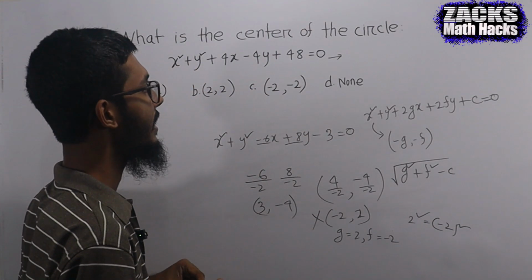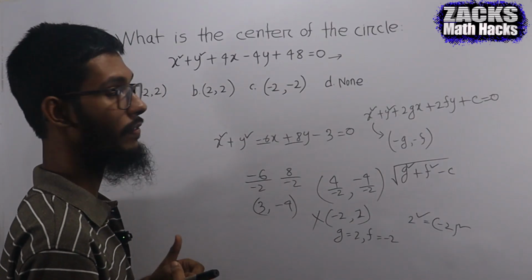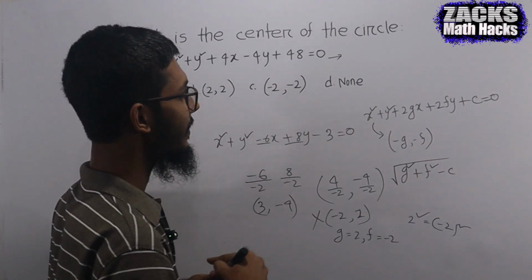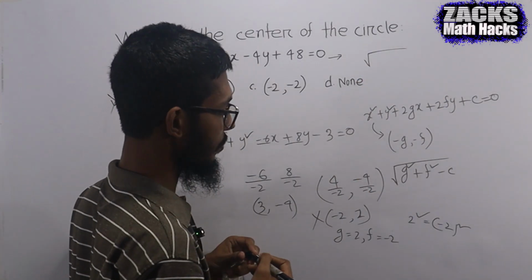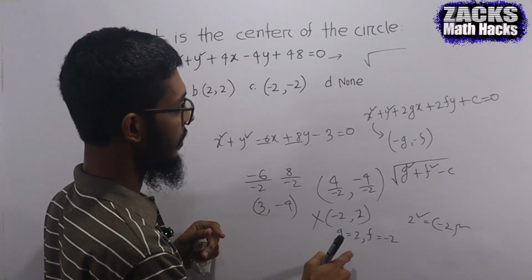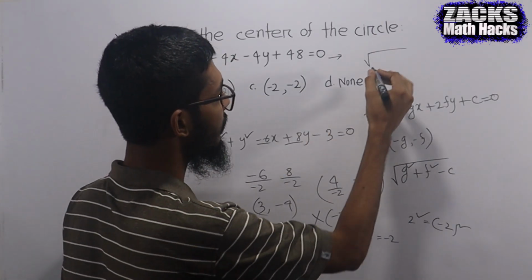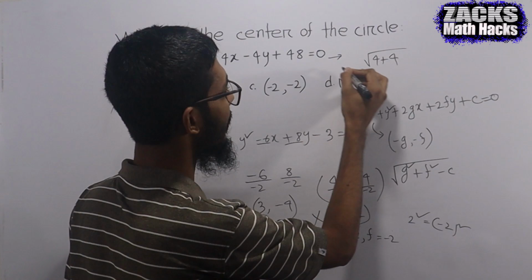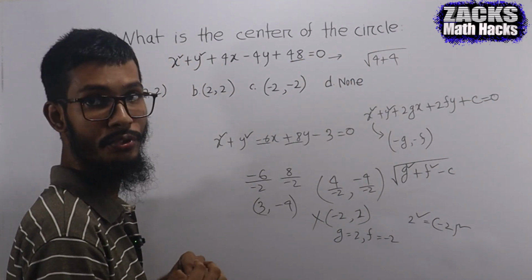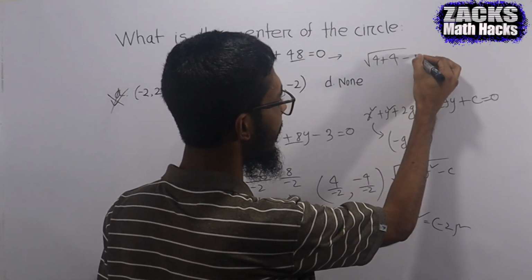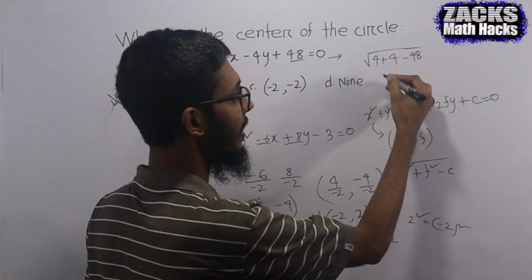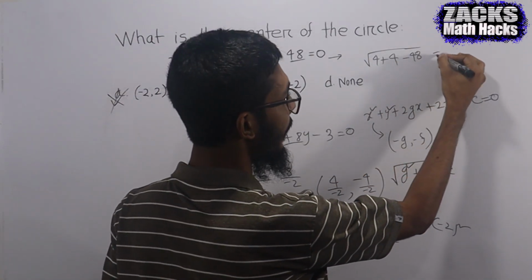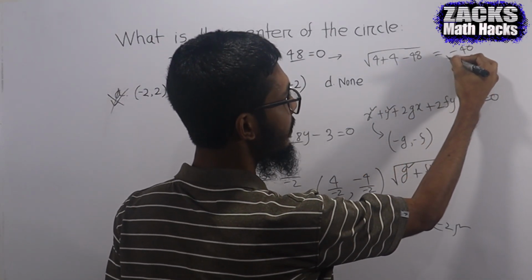Leave this point. So what will be the radius? If I try to find the radius, boss, then simply 2 square or minus 2 square equals 4. Okay, 4 plus 4, and what's the constant value here? 48, right? So minus 48. Now tell me what will be the result? 8 minus 48 equals minus 40, all under a root.